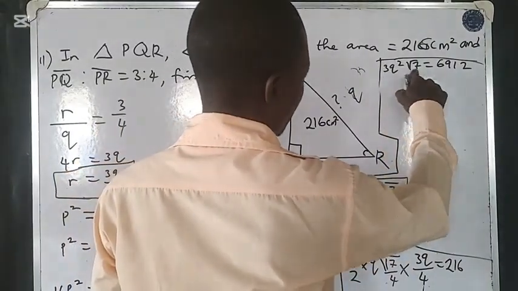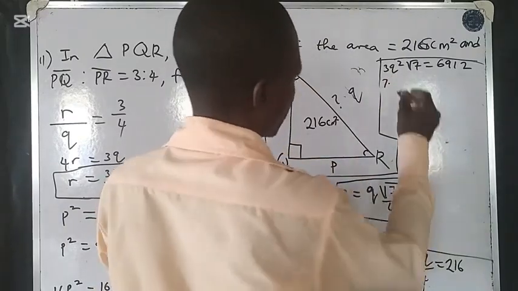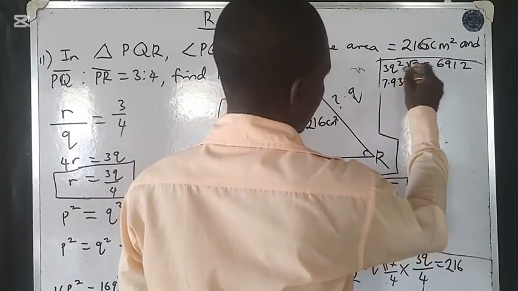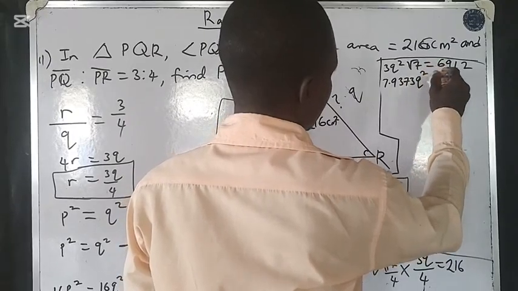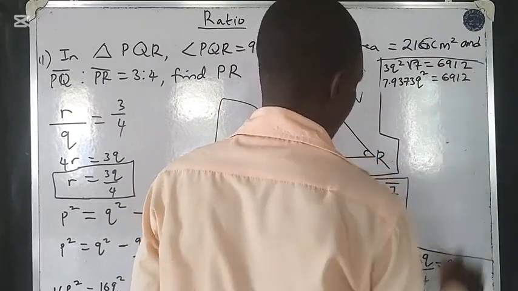Then if we multiply 3 and root 7 together, 3 multiplied by root 7 will give us 7.9373 Q squared. Then we have 6912.